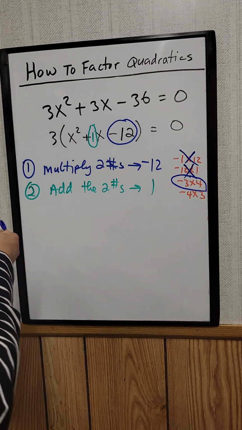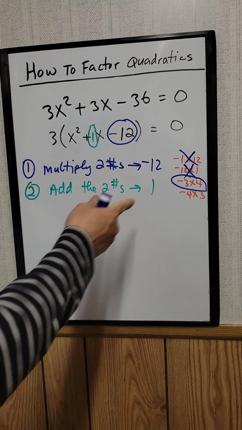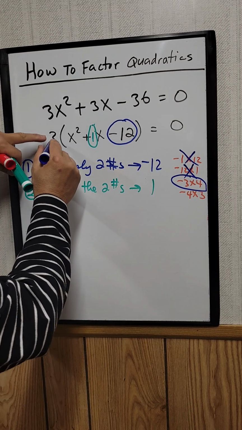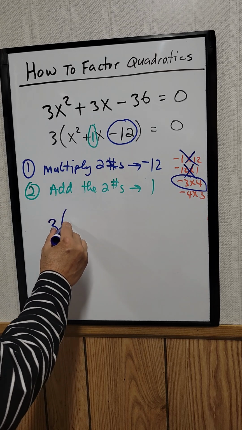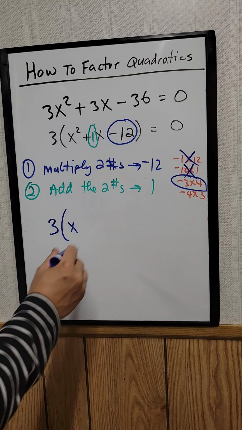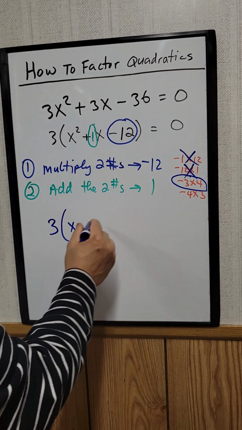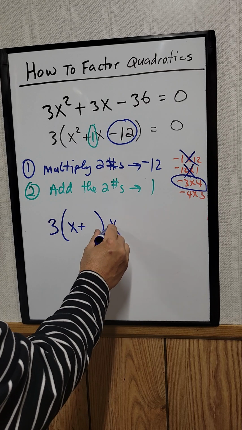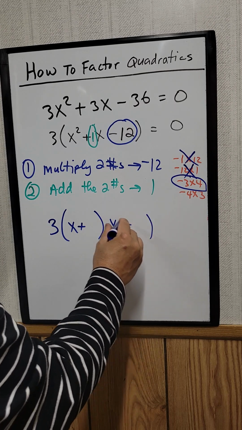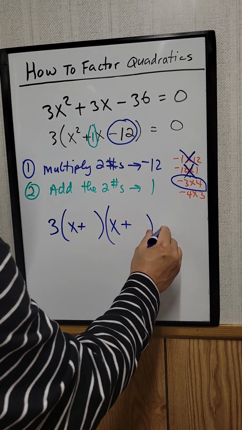Now we can set up the equation. Now we can say that 3 times x plus, x plus, is equal to 0.